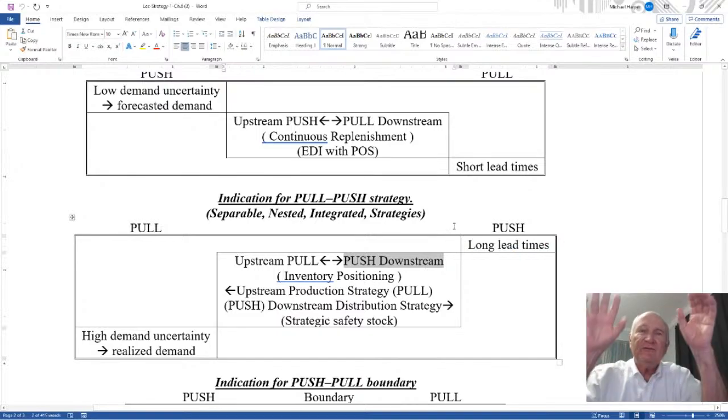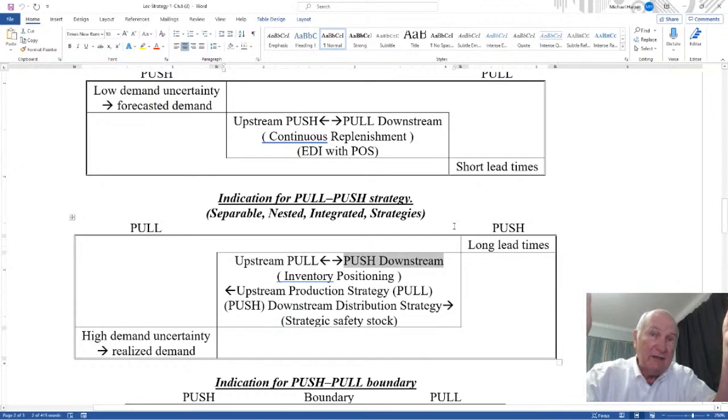So therefore, if downstream the demand for the product variety changes between the different downstream areas, then you'll have positioned inventory. And that certainly happens when you have a national or global type of supply chain, because the demand for the different products varies.